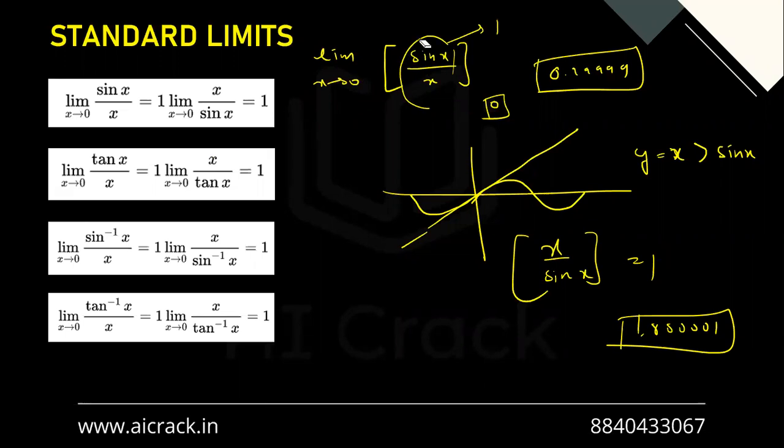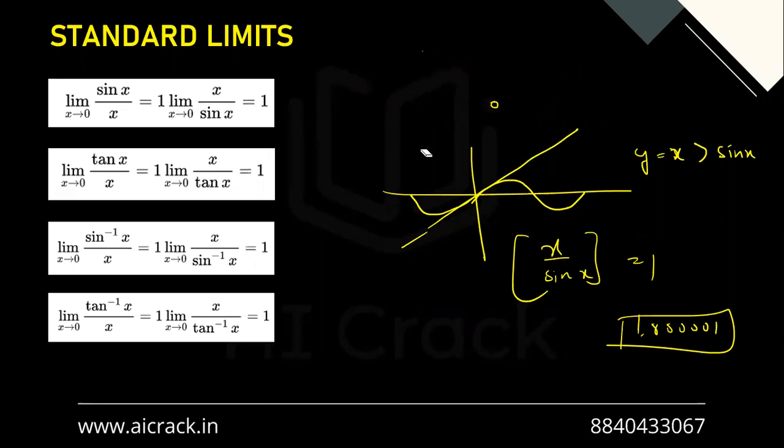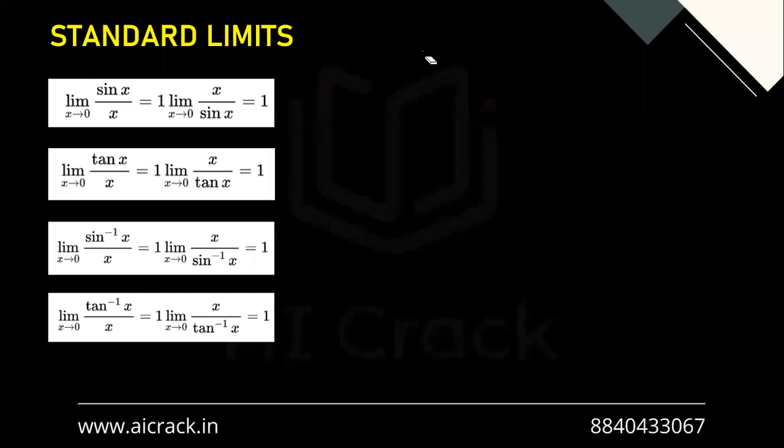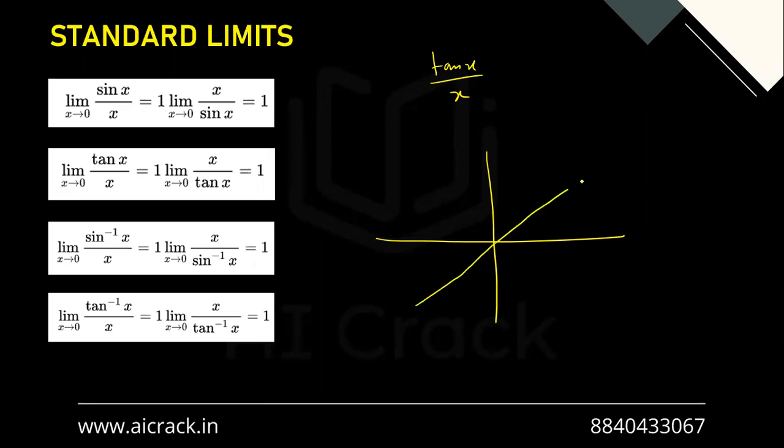Similarly, let's take the example of tan x, starting with tan x by x. Let's plot the graph once again. This is y equals x, and tan x looks like this. In this case the opposite is happening.